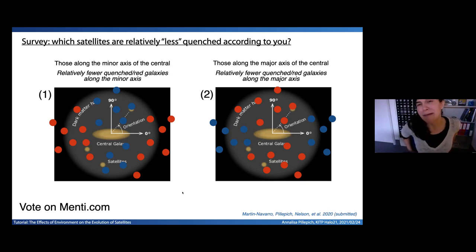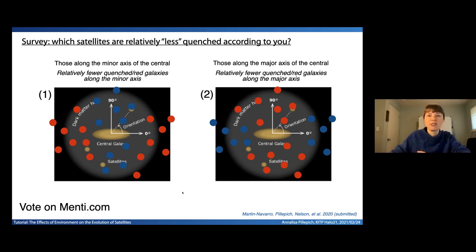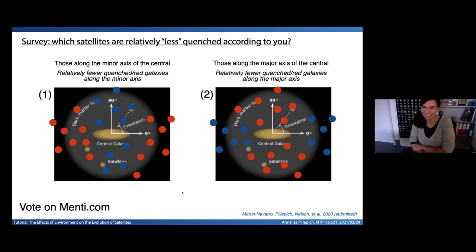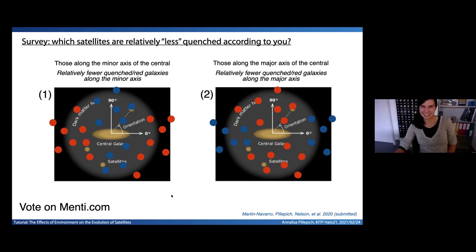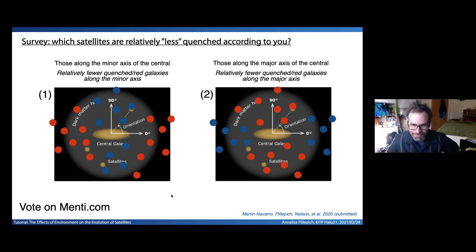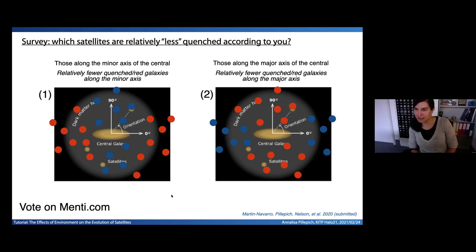I don't know whether people are voting or not. People are voting. The votes are pouring in. I'm really curious about this because Annalisa gave a colloquium here at CU, and the results were different. I think the results will be different here. I see, cool. Experts. Okay. Really excited. Jess, do we want to say the winner according to the audience? Well, so only 20.